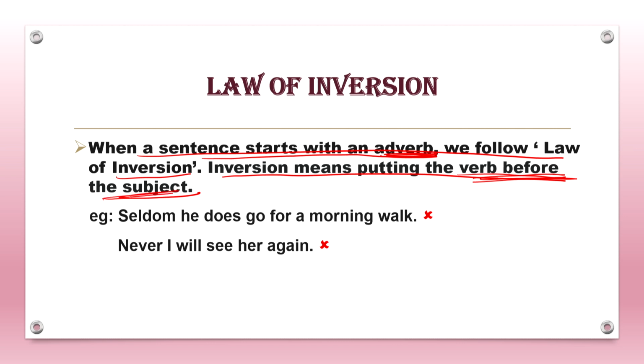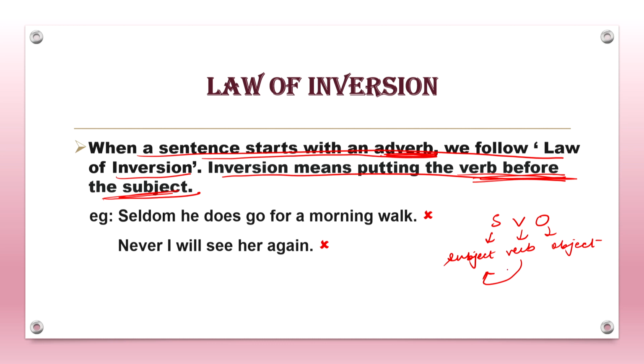So, in general, the following format is used. I just told you SVO, that is your subject, then comes your verb and then your object. But in case of inversion, the verb will come first.